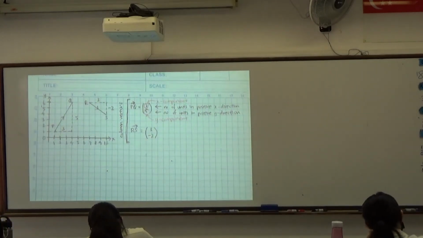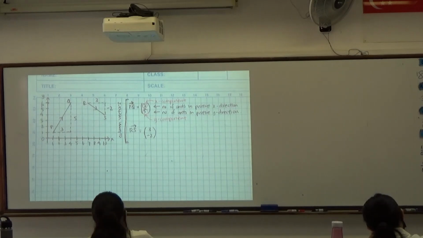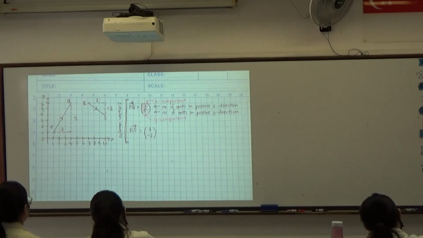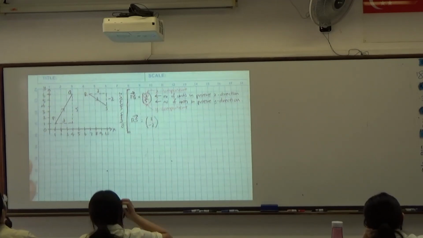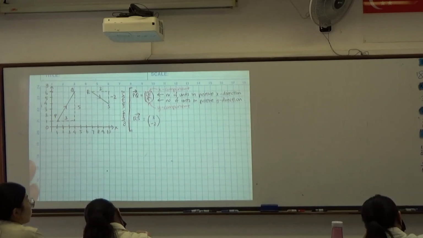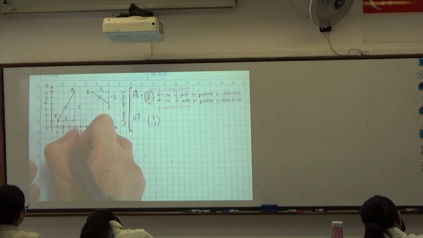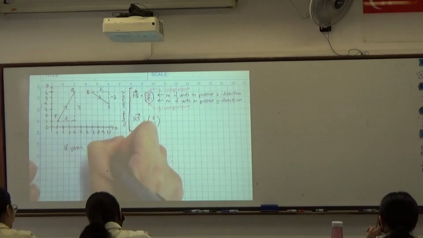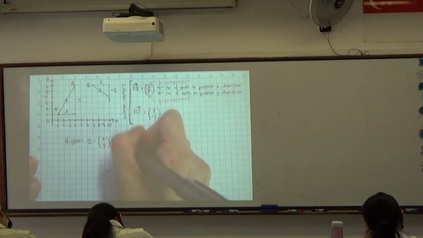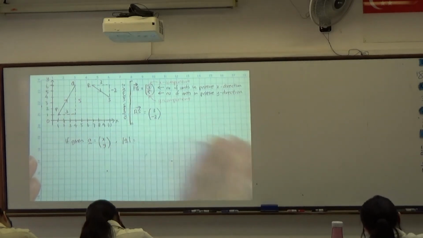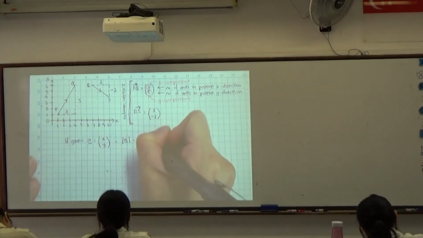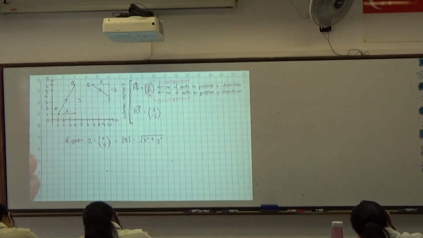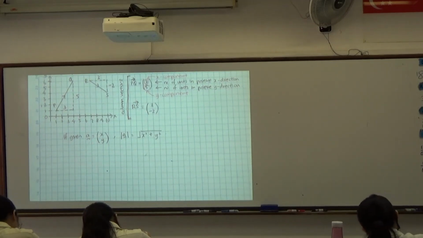Now that we have numbers to represent the vectors, I can find out the magnitude already. To find the magnitude, the general formula is that if given A equals (x, y), for example, the magnitude of A will be the square root of the x component squared plus the y component squared.